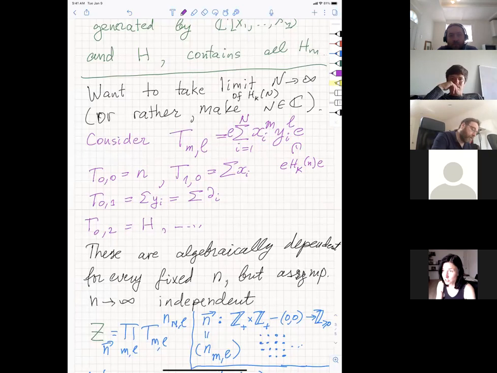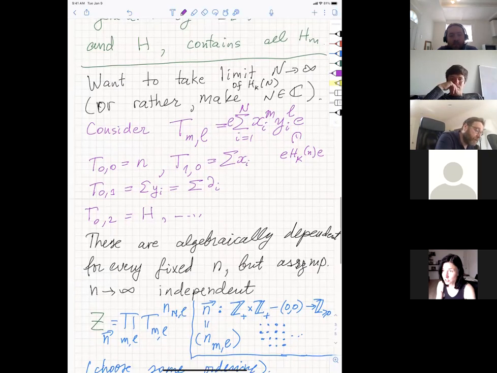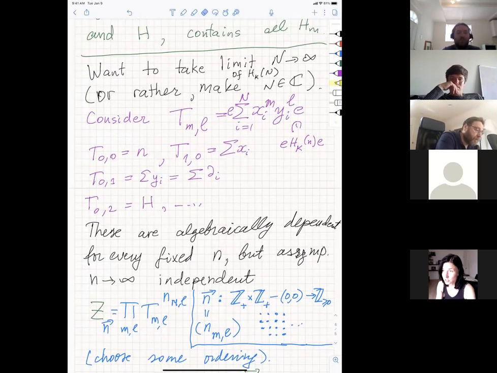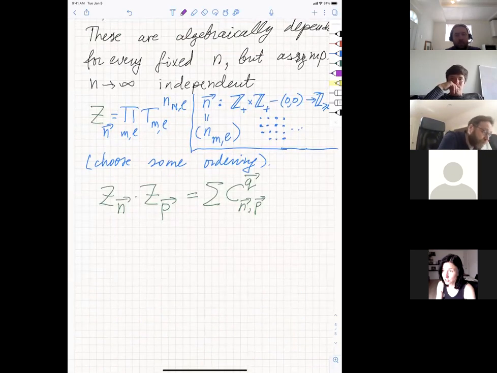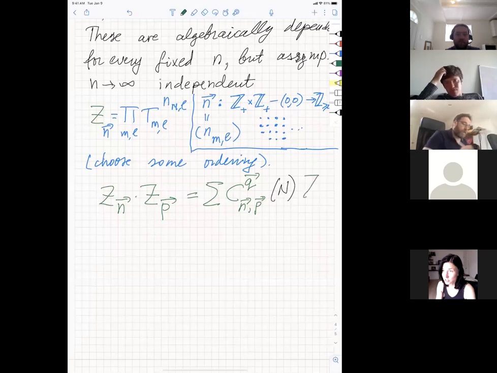And so these are going to be some functions of capital N times z_q. So this is going to be some finite sum.